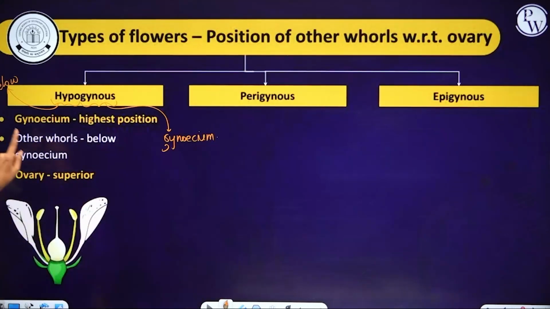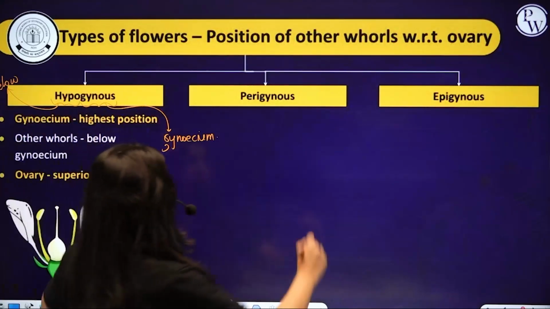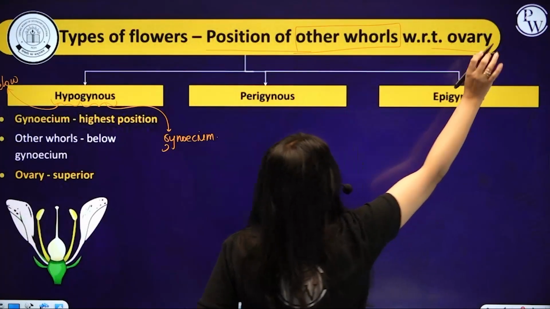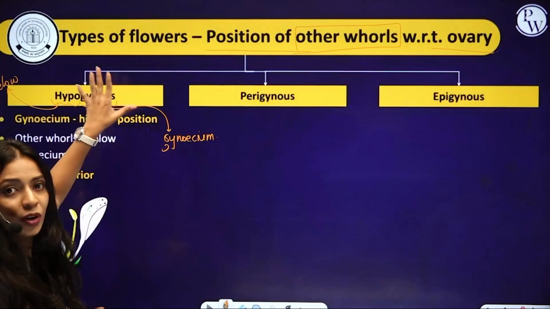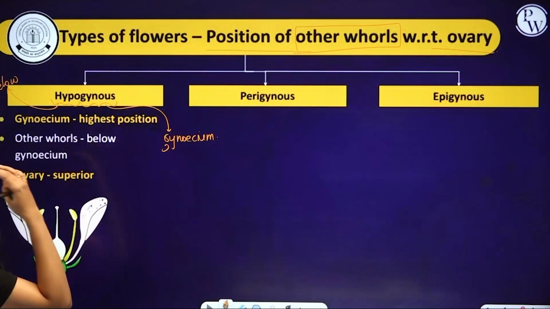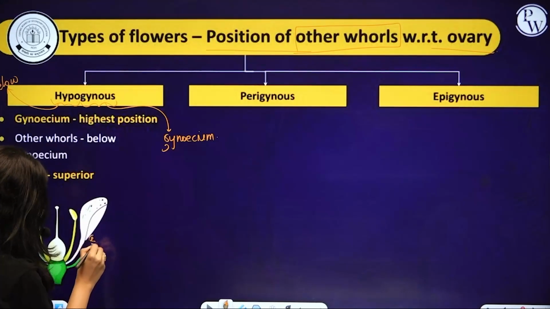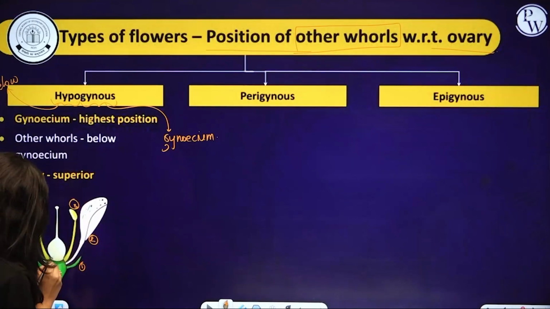Right? So hypogynous flowers, I'm telling you that this classification is based on the position of other whorls with respect to the ovary. So in hypogynous flowers, the other whorls, calyx, corolla, and androecium, they are arising from below the ovary.